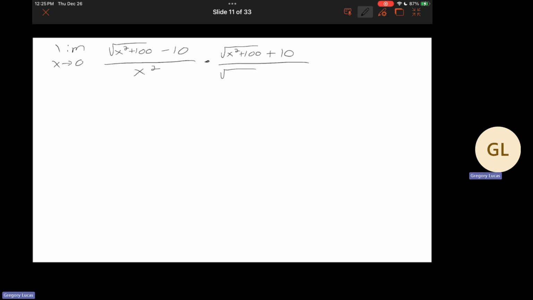And we're going to multiply that to the numerator, which means I also have to multiply it to the denominator. That might seem a little weird because we normally don't like to have square roots in the denominator, but it's okay because I'm going to end up plugging in a 0 and my square roots will go away. Okay, so we now have in my numerator the square root of x squared plus 100 times the square root of x squared plus 100, which is just x squared plus 100.